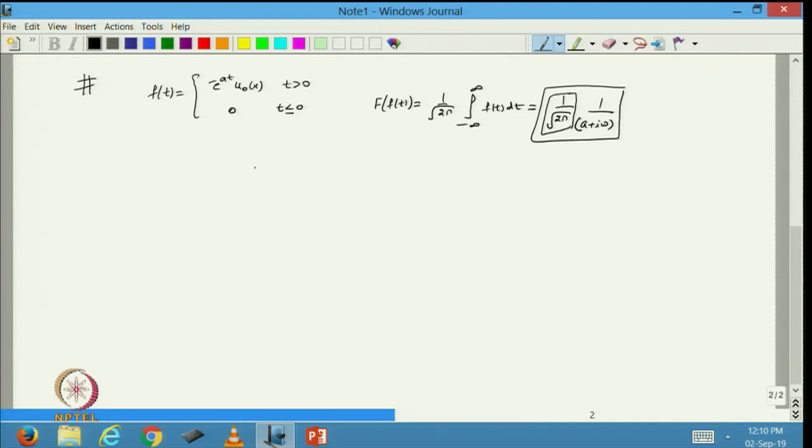So this is my Fourier transformation. And what will be the inverse Fourier transformation? Suppose this is my f hat of omega, and now I want to take the inverse of this one.